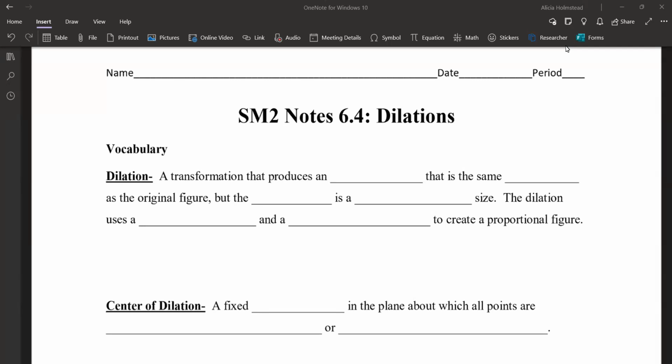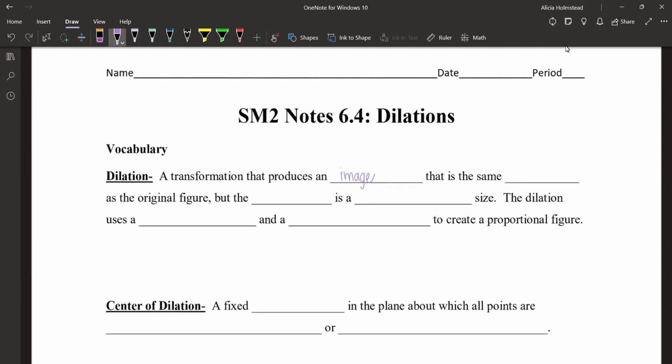So we're going to start with a few vocabulary words. Our first word is dilation. This is a transformation that produces an image that is the same shape as the original figure, but the image is a different size.